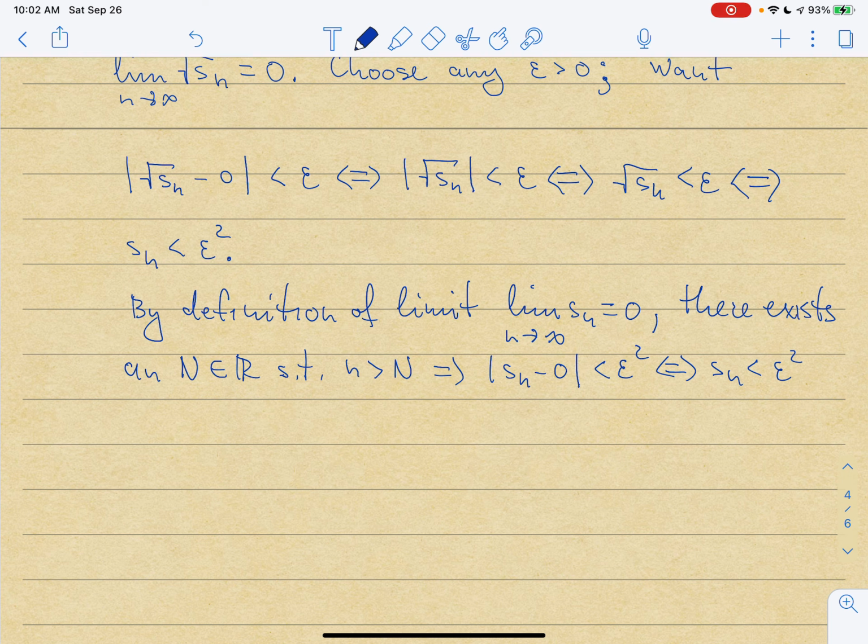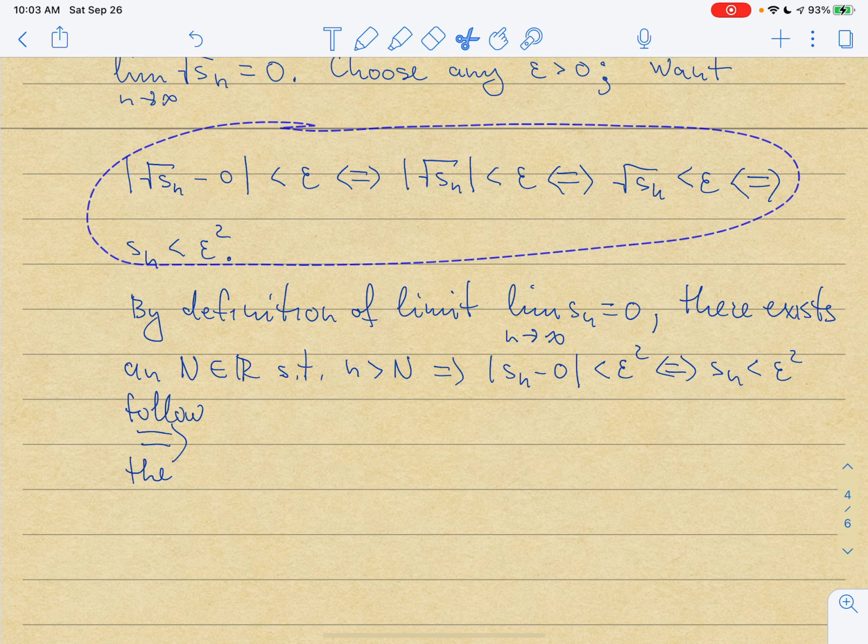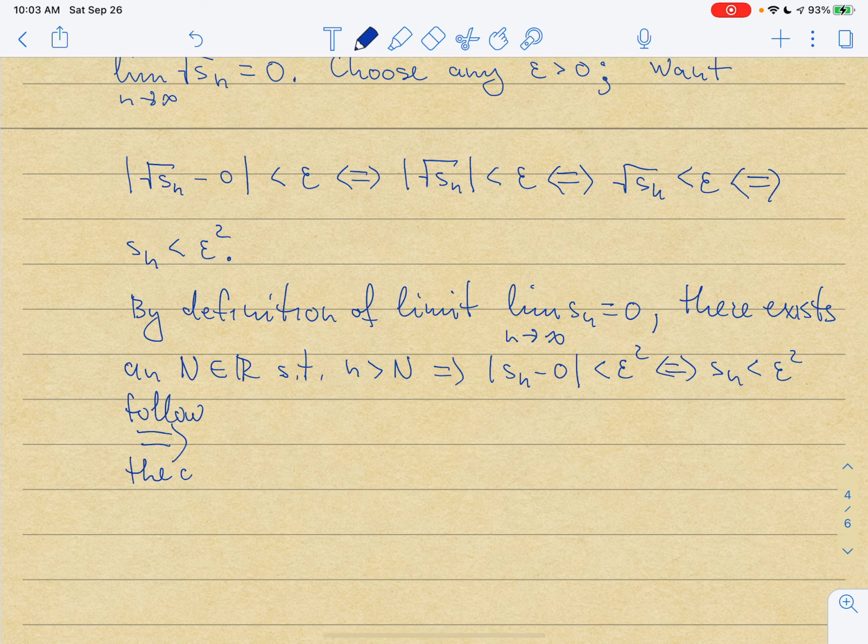Okay, so but then if Sn is less than epsilon squared, then I can follow the chain of inequalities over here, follow it backwards, to get that square root of Sn minus 0 is less than epsilon.